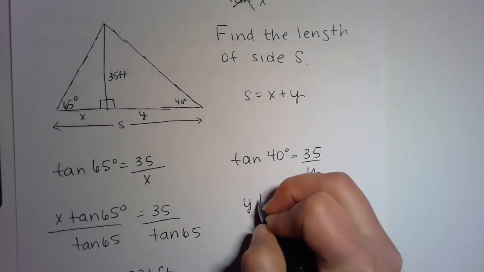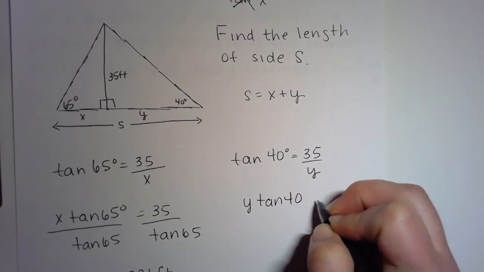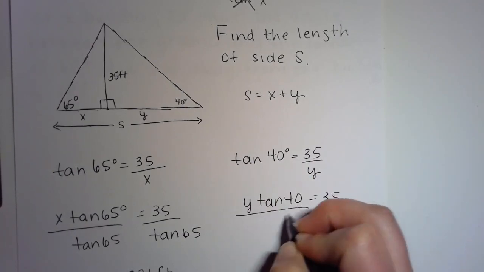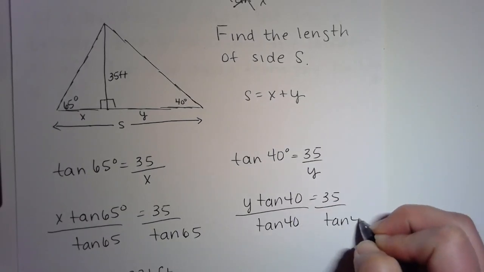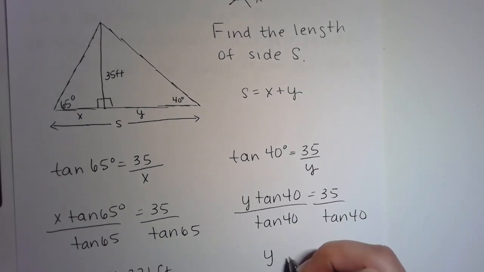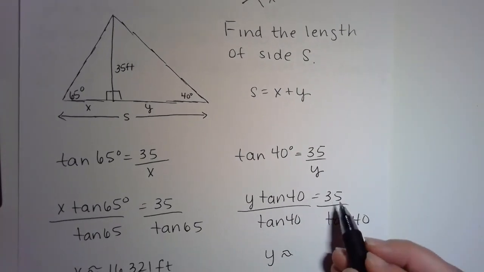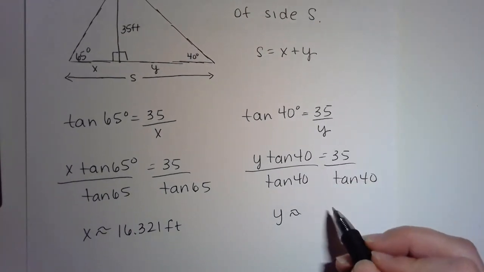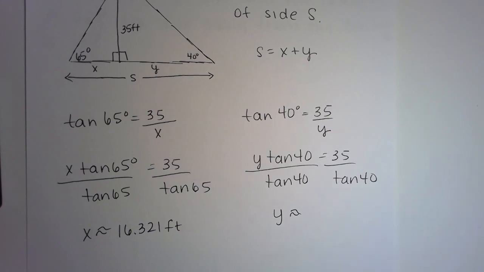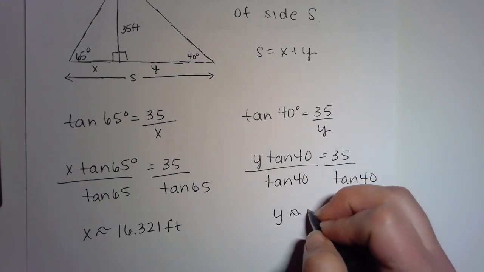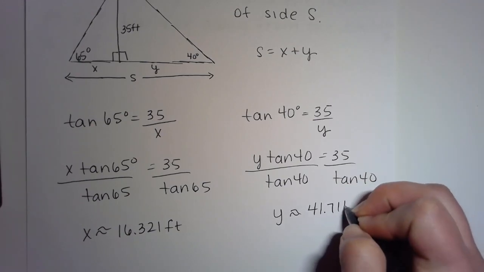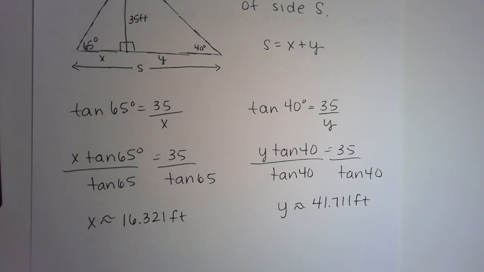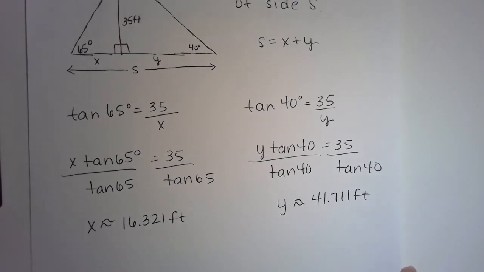So I'll get y tangent of 40 equals 35, and divide both sides by tangent of 40. I get y is approximately, I'm just putting in 35 divided by tangent of 40, and I am in degrees. If you're not getting the correct answers, then you're probably not in the right mode. This is 41.711 feet. Okay? All right, so that solves that problem.